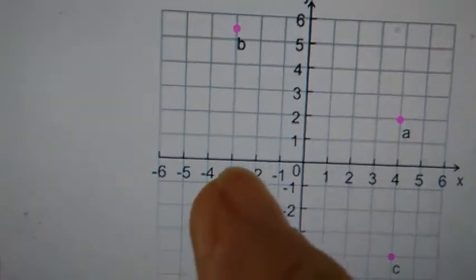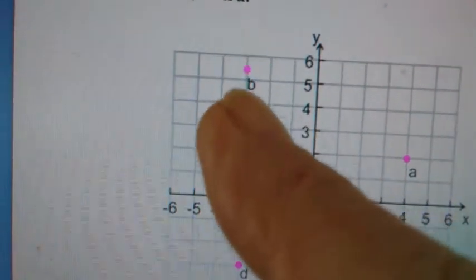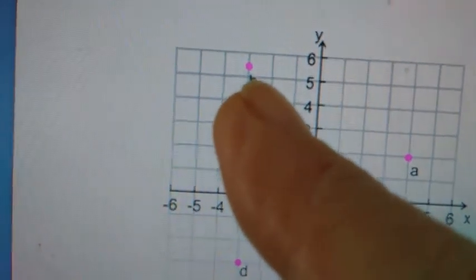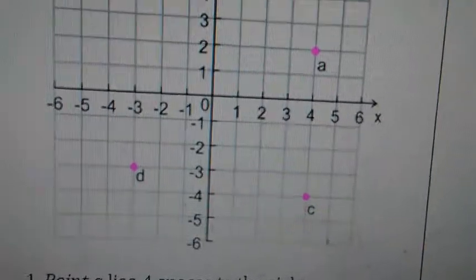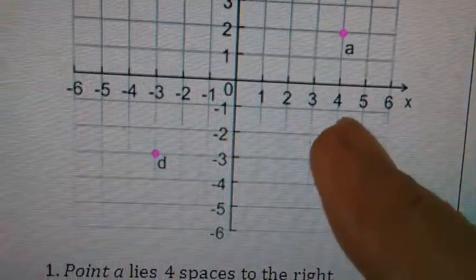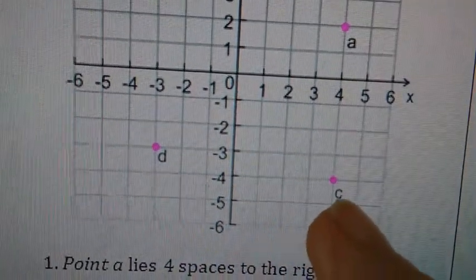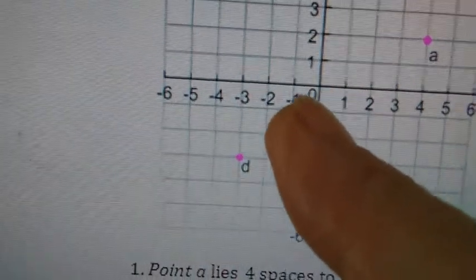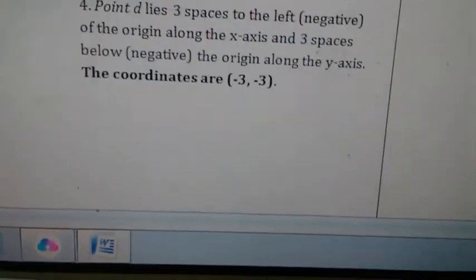Negative 3 x, maybe 5.5 y. The C would be over here, 4 x, negative 4 y. And the D would be negative 3 x, negative 3 y. And this just goes on to explain them, but it's all pretty easy stuff.